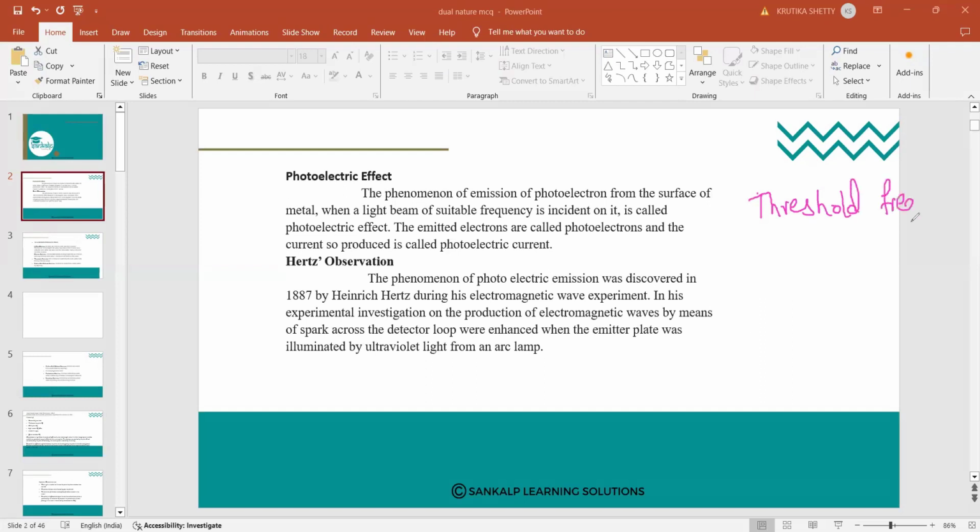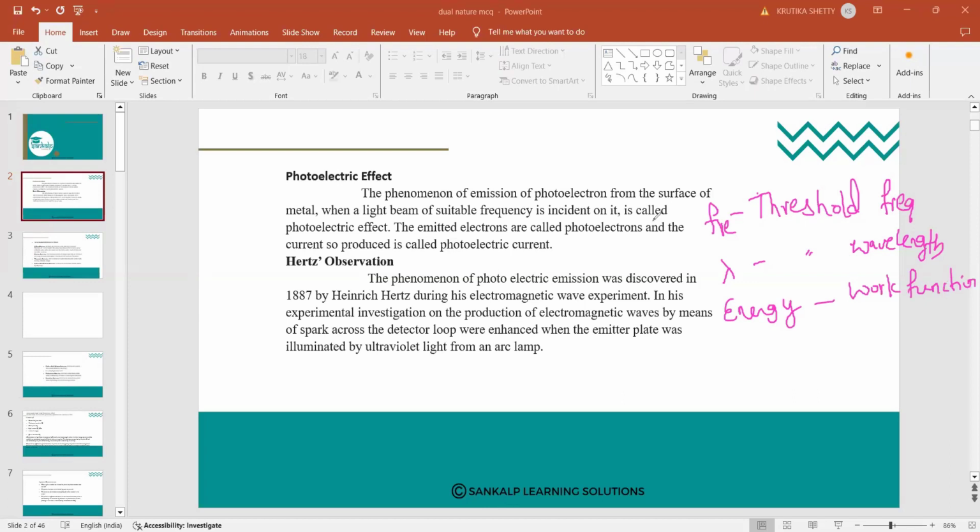Similarly, the minimum wavelength required for the phenomenon is called the threshold wavelength. Similarly, the minimum energy required for the phenomenon is called the work function. So these points we also covered yesterday.